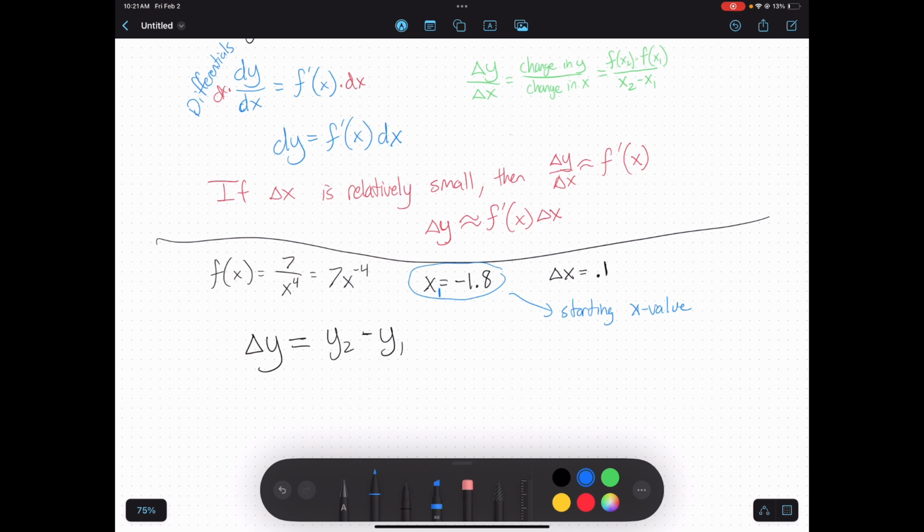So, if I want to calculate y1, y1 is just f of negative 1.8, right? It's just whatever my output value is for negative 1.8. But let me just be clear. y1 is equal to f of x1, which is negative 1.8.